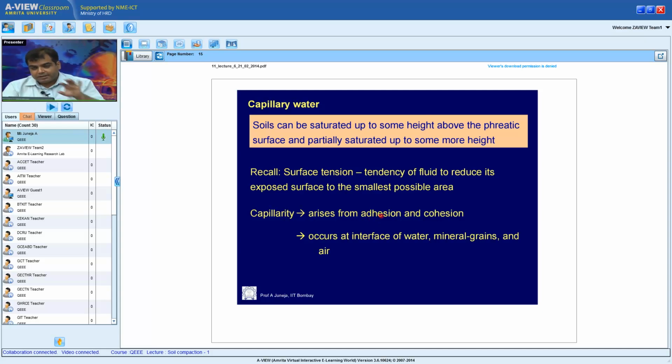So the water tries to adhere to the soil, to the adjacent particles, and also because of the inherent bonding. Cohesion is rather strange to use here, but the bonding between the water molecules, which does not let the water break up, also tries to hold it.